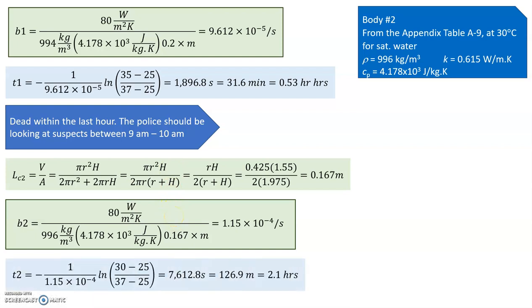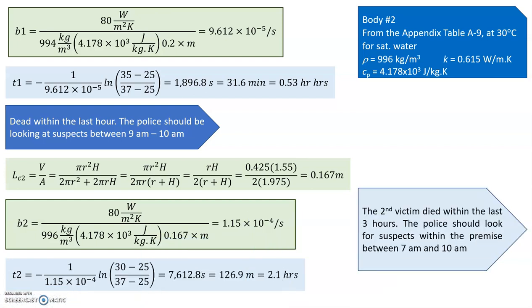Substituting into 4.4, you find that the body has been dead for 2.1 hours before 10 a.m., which means the second victim died within the last 3 hours. The police should look for suspects within the premise between 7 and 10 a.m. So suspects that are involved in the victims, the 2 victims.